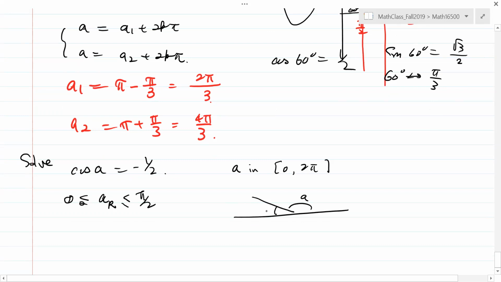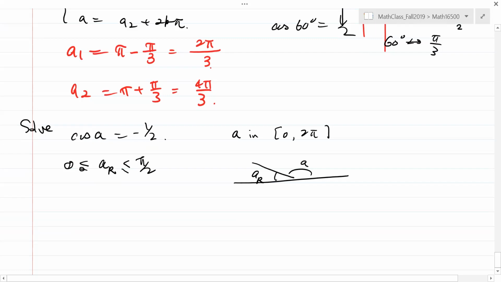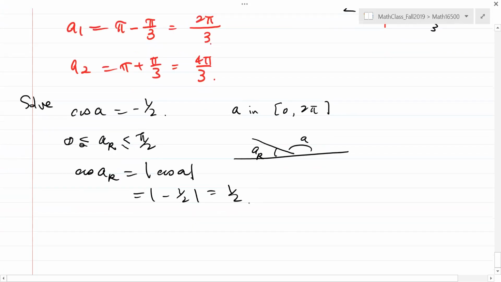If this is A, then you have the reference angle over there. The key point is the cosine of the reference angle is going to be the absolute value of cosine A, which is negative 1/2, so it's 1/2. But the reference angle is between 0 and pi over 2, so it's going to be pi over 3. And that's the reference angle.